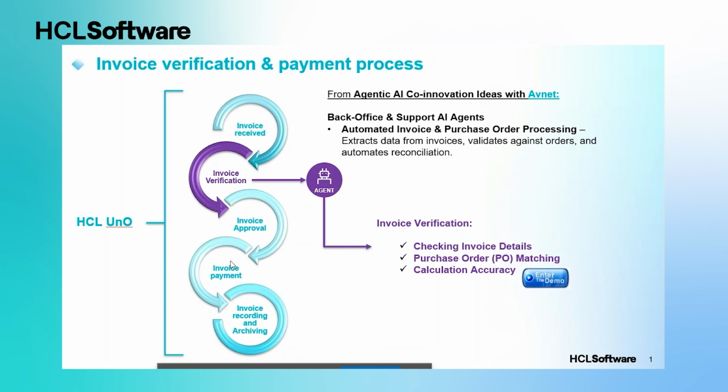And finally, the payment file will be generated and the actual payment will happen, which would be realized as a file transfer. Finally, the invoice will be recorded and archived. So this is the kind of use case that we're looking at.